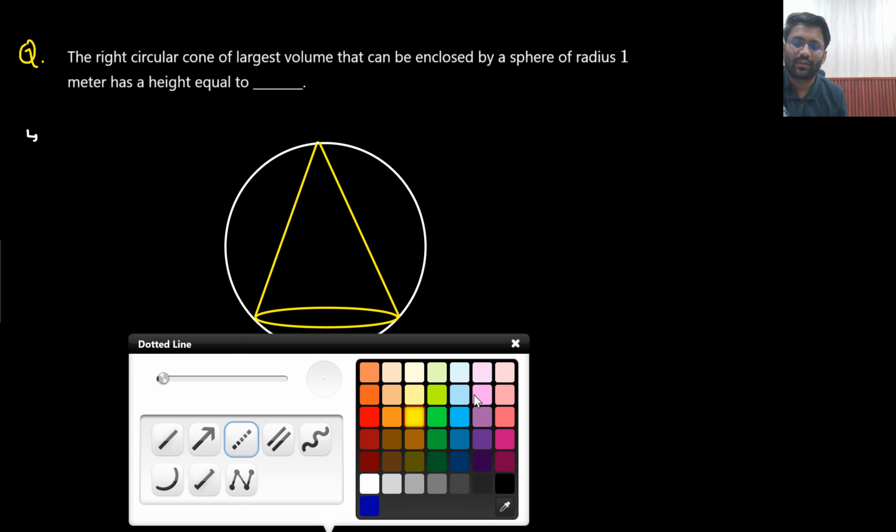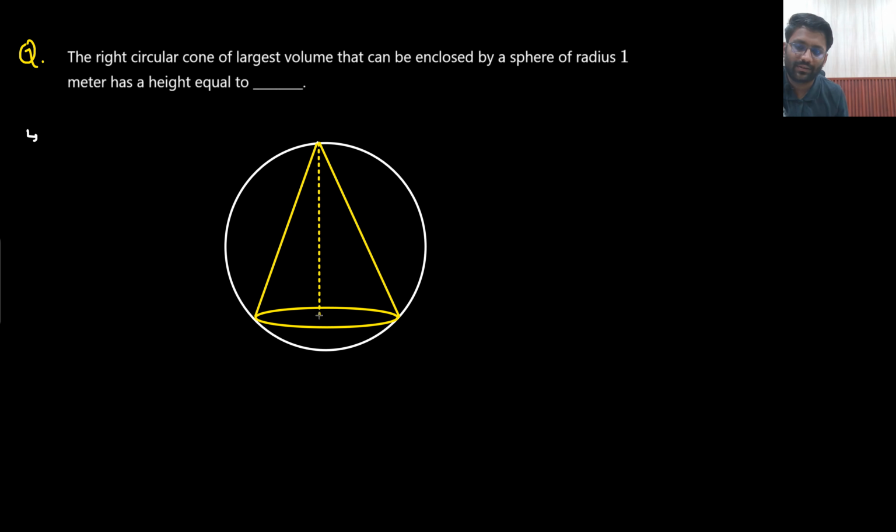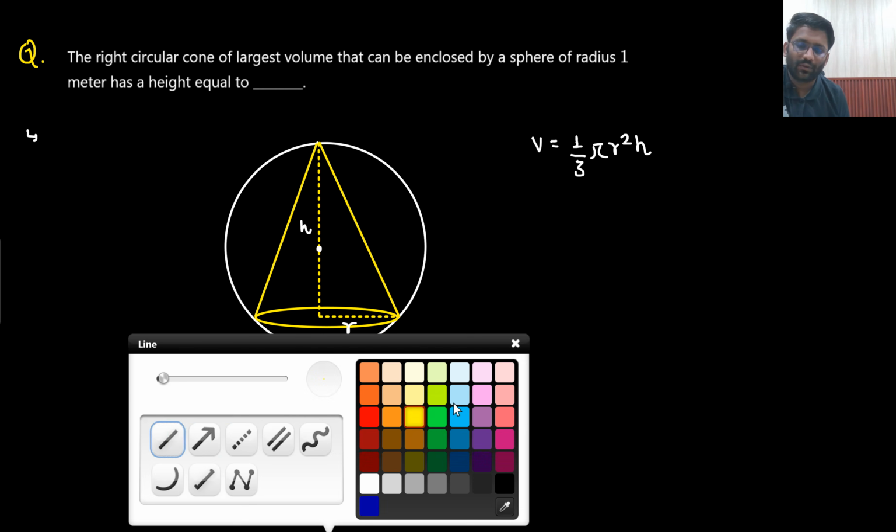The height of the cone is h and the radius is r. So what is the volume? Volume is 1 by 3 pi r square h. We need to find the value of height, but what is given? The radius of the sphere is given.